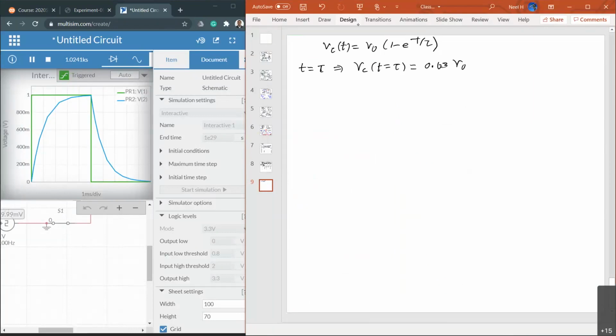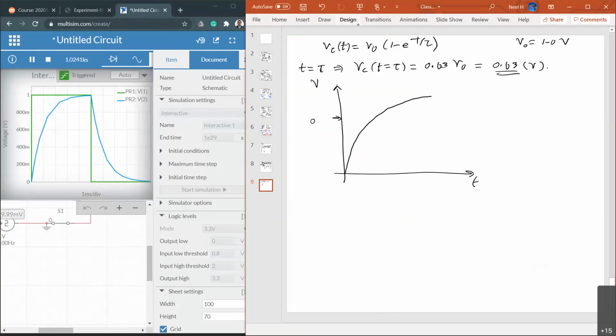Now in our experiment, our V0 is 1.0 volt, which means this is just 0.63 volt, right? Unit is volt. So I want to find the 0.63 point on my charging curve. The charging curve is going to look like this, voltage versus time. The charging curve looks like that. So I have to find where the 0.63 value is.